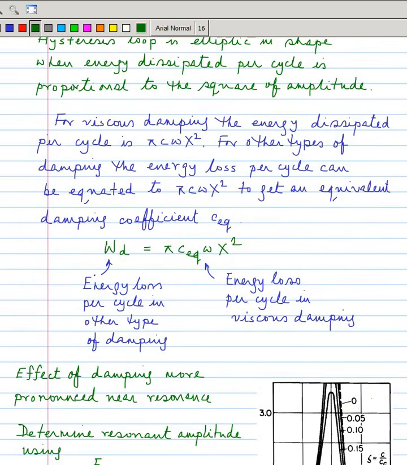Suppose the energy loss per cycle in another type of damping is WD, and WD is the area enclosed by the hysteresis loop. The hysteresis loop is in general not elliptical, and that can be equated to the energy loss per cycle in viscous damping, and from here we can find the equivalent viscous damping coefficient.